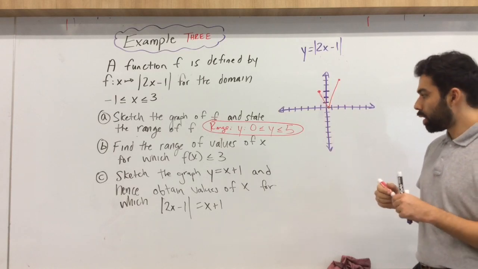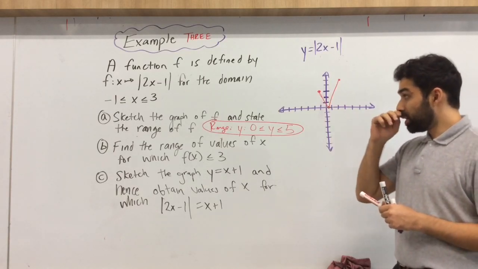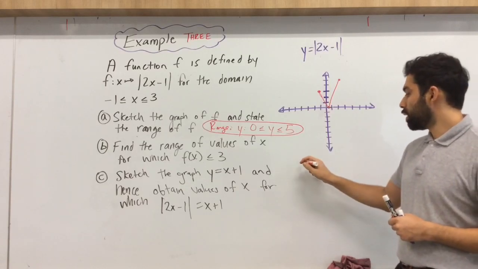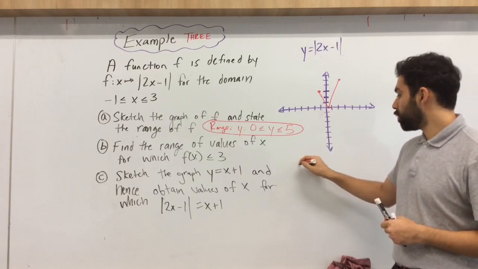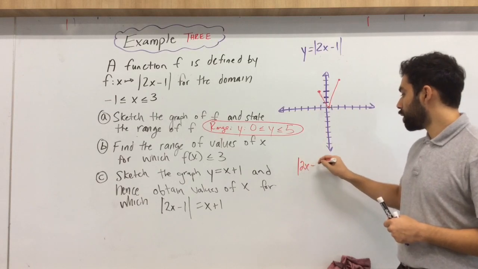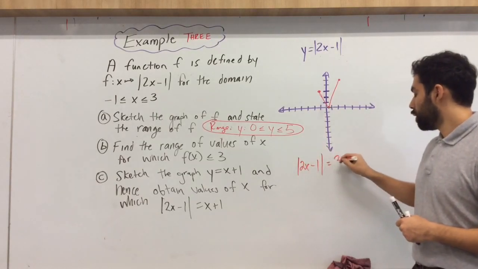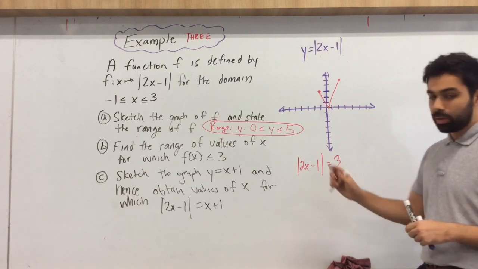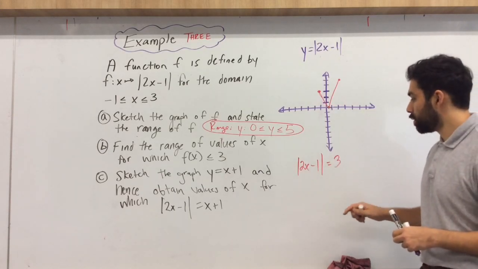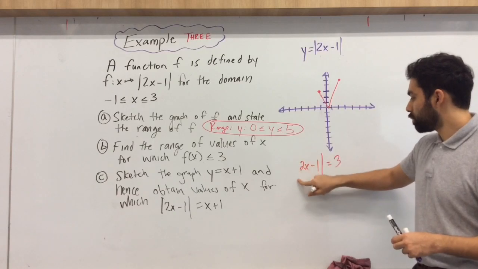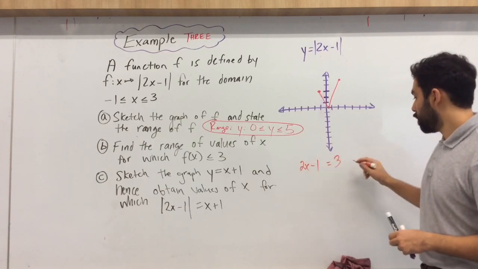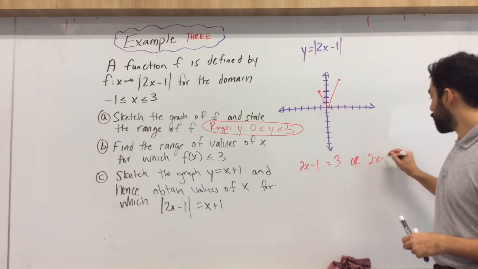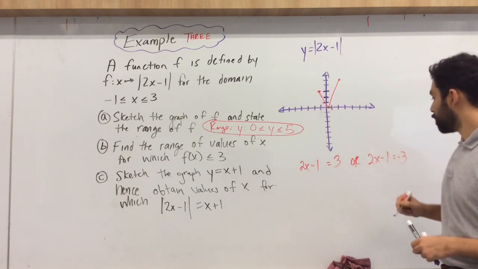So, in order to do that, we have to set our absolute value equal to 3. So we have 2x minus 1 equal to 3. And again, we're going to have to separate this into two different scenarios, where we have 2x minus 1 equal to 3, or we have 2x minus 1 equal to negative 3.